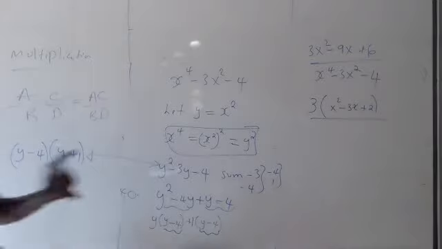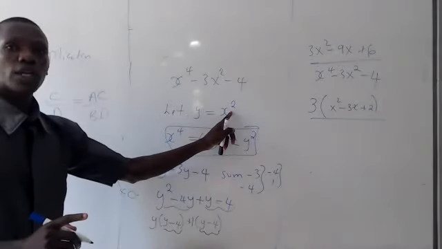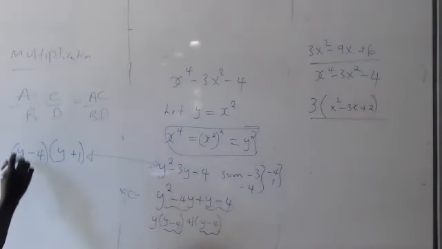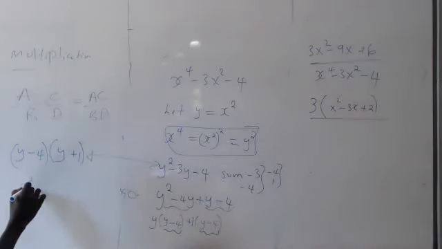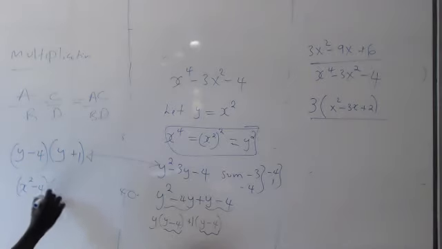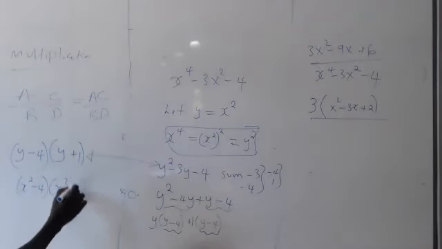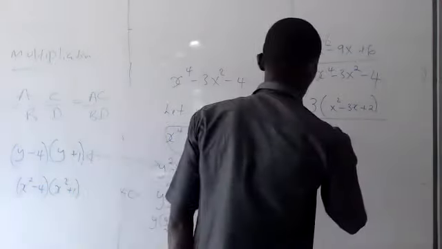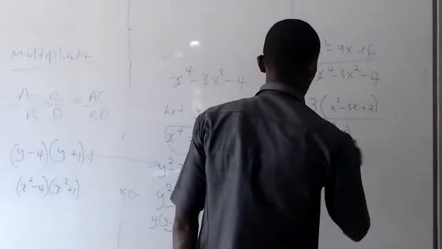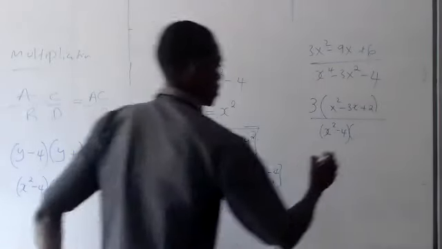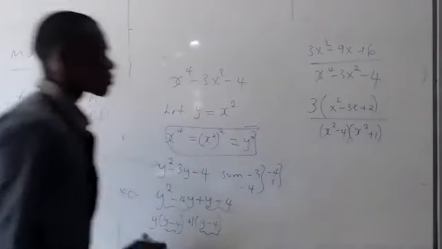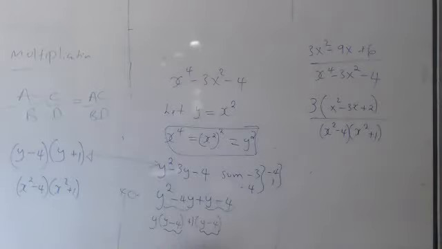But remember that our y is x squared. So going back, we will have x squared minus 4 times x squared plus 1. That's our denominator.